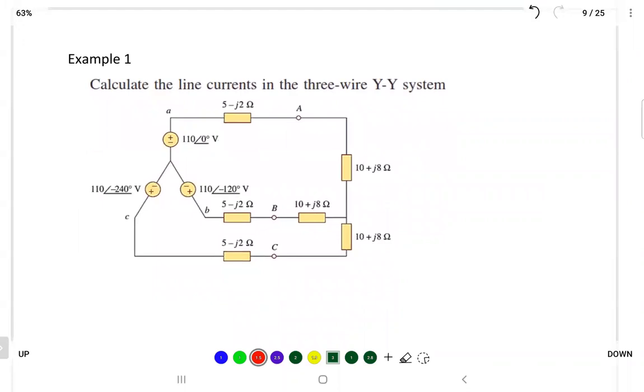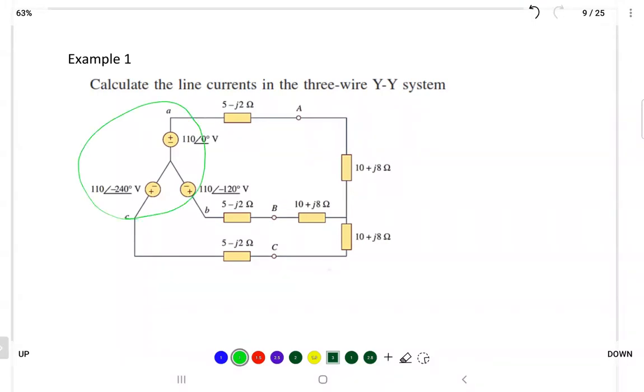So let's just solve one example. We have a source connected as a star, and the phase voltage is equal to 110 volts on angle 0, and then phase B is at 120, 240, just normal balanced. That's the source, the generator.